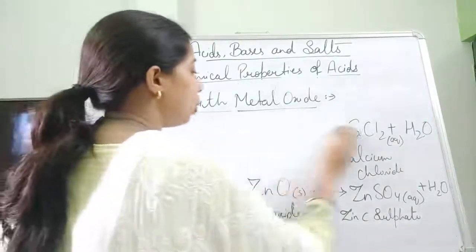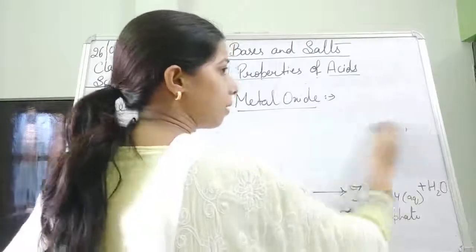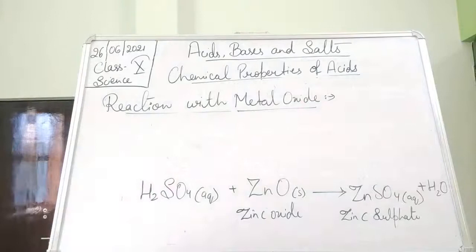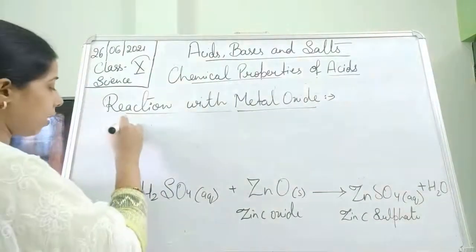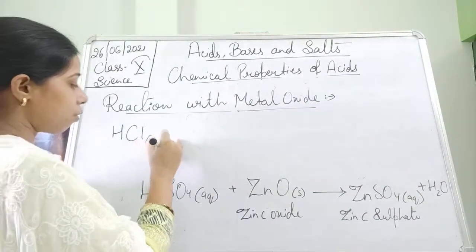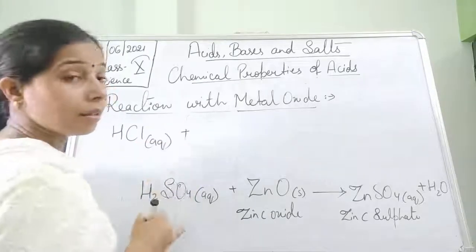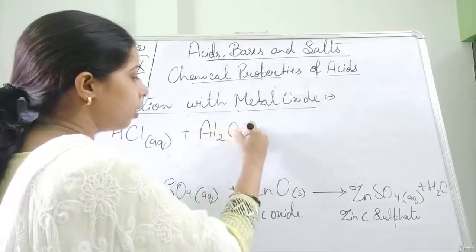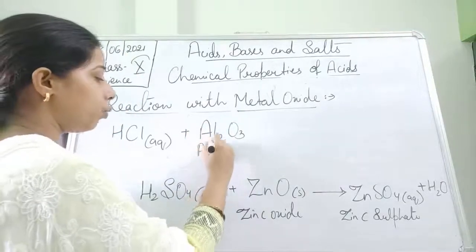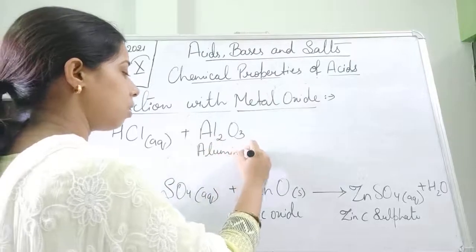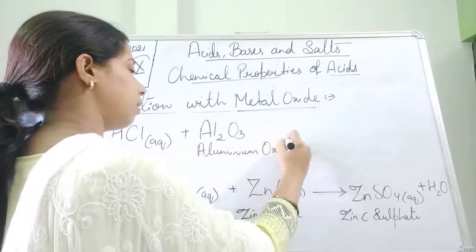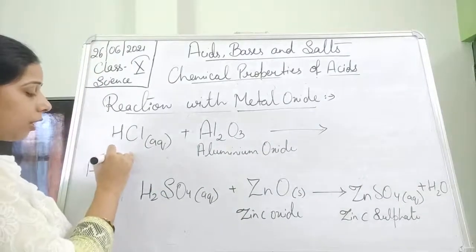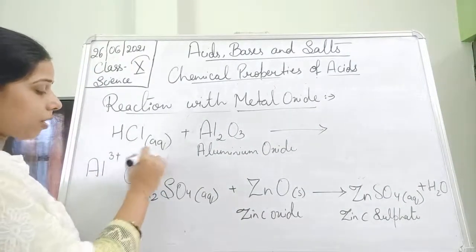Let us see another example. What will happen when aluminium oxide reacts with the acid? So here we will take hydrochloric acid, an aqueous solution, plus aluminium oxide. The formula of aluminium oxide is Al2O3. You know how it is formed, students? Aluminium, the charge present on it is +3, and in case of oxygen it is -2.